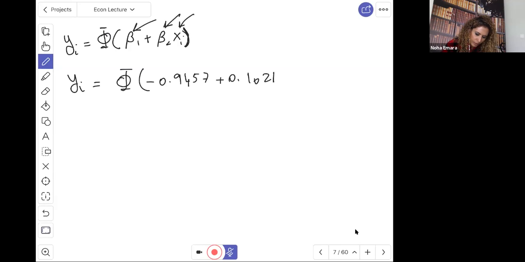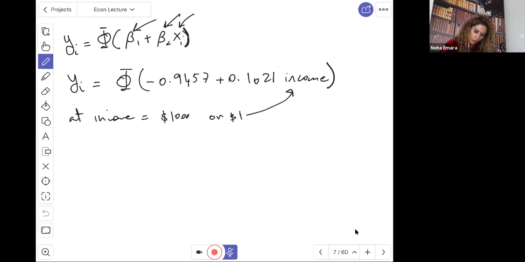And this is income. That's it, okay? So at income equal to 1,000, and since the unit of measurement is in thousands or 1, then I can plug in the 1 here, go to my table and get the probability.